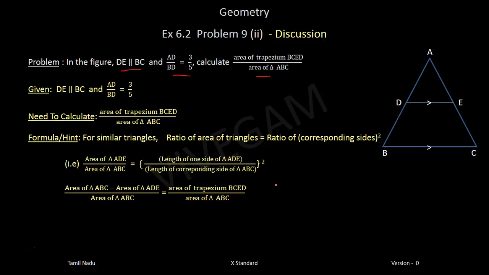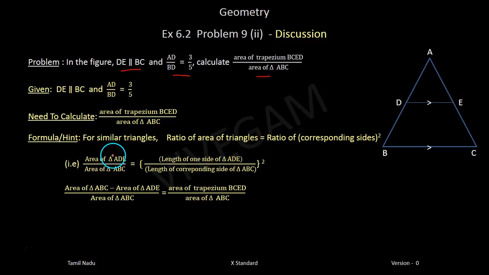Let me repeat. As per the formula, the ratio of the areas of the triangles is the ratio of the corresponding sides squared, right? So the area of the smaller triangle ADE divided by the area of the triangle ABC equal to the length of one side ADE divided by the length of the corresponding side ABC, the whole square. Now you apply the compound rule here.